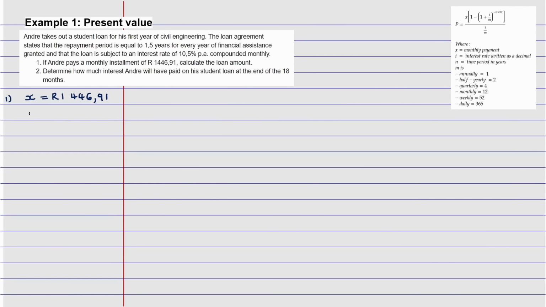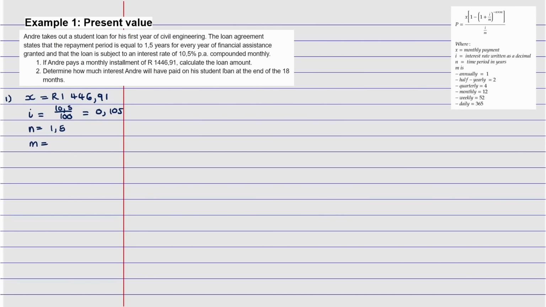Then we're going to need I. It says 10.5 compounded monthly, so that's 10.5 divided by 100, which is the same as 0.105. Then N here is going to be equal to a period of 1.5 years, so it's going to be 1.5.